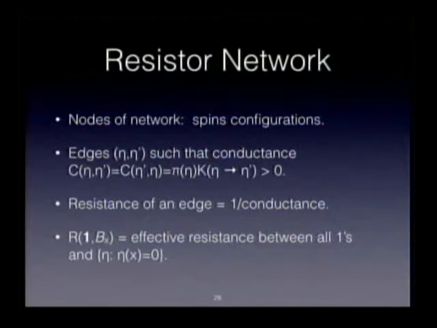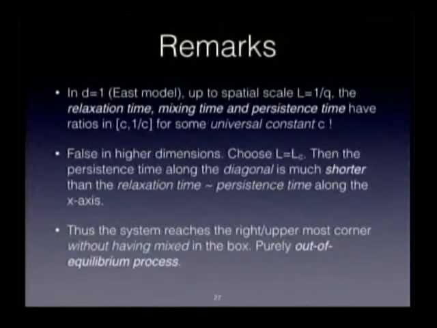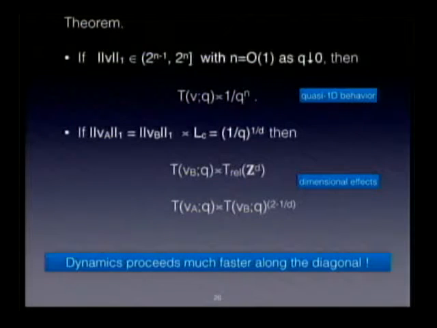I don't think that I have time to describe how we examine these persistent times, because since they are very different from the relaxation time, we cannot exploit only L2 considerations, Dirichlet form and stuff like that, but really we have to find some non-equilibrium tools.